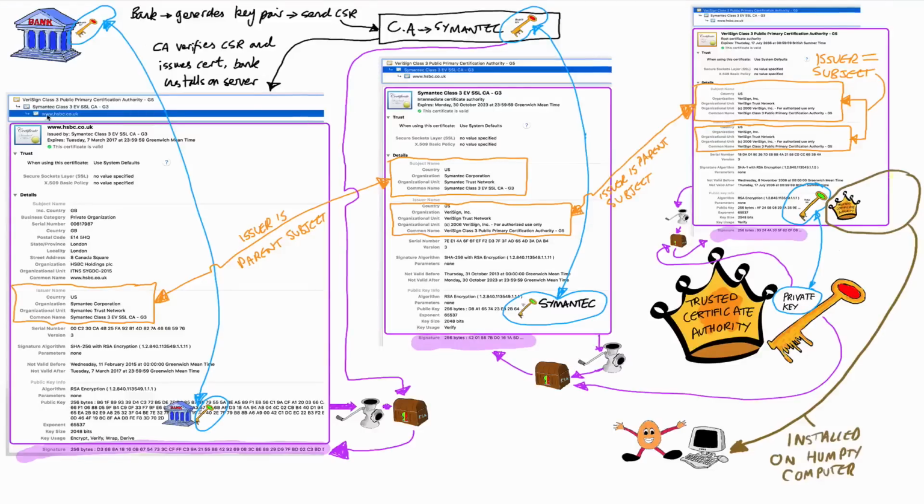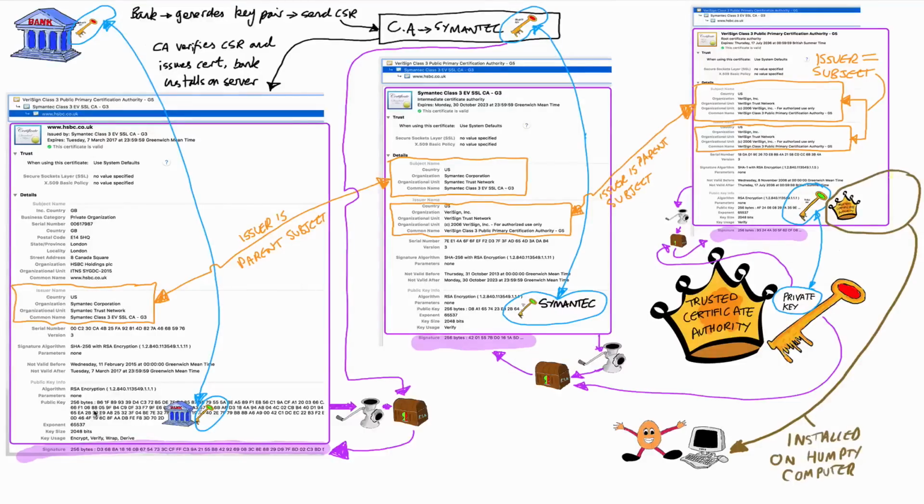We're using the actual screenshots of the HSBC SSL certificate chain here. Let's say Humpty is banking with HSBC, and his client computer accesses the HSBC secure website, and that server sends back this SSL certificate. That's the actual certificate that hsbc.co.uk are currently sending back to any client that connects to them.